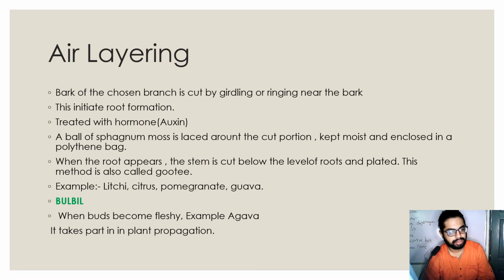So here in air layering, the bark of the desired branch is cut, and this cut portion of the branch, which is the bark, will initiate root formation, and after that it is treated with hormone auxin.